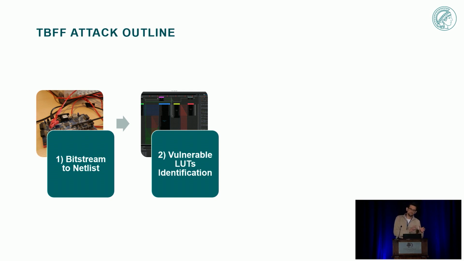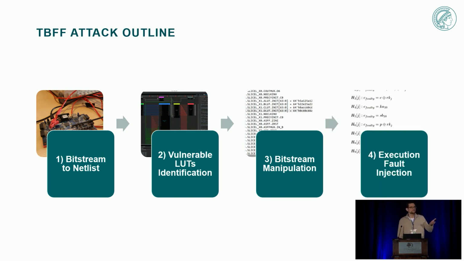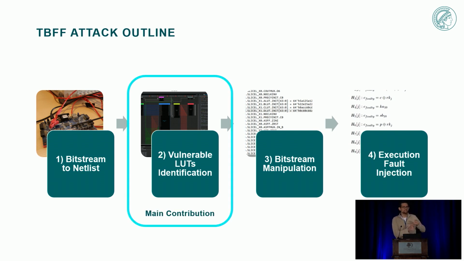Here maybe we get a set of different lookup tables. Then we have to manipulate the bitstream accordingly, and then, of course, carry out the fault injection attack. In the second step, there is our main contribution. We build this work on the bitstream fault injection attack work of Swierczynski et al., and mostly do this in the second step.